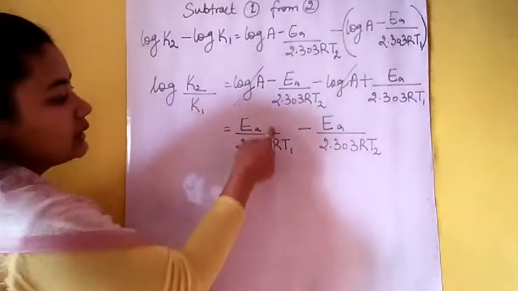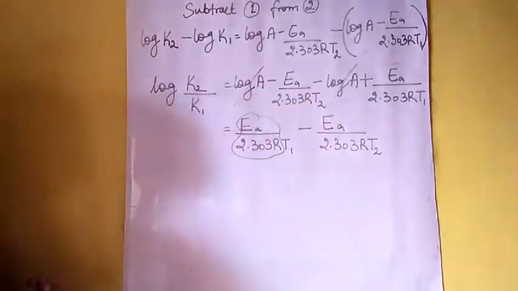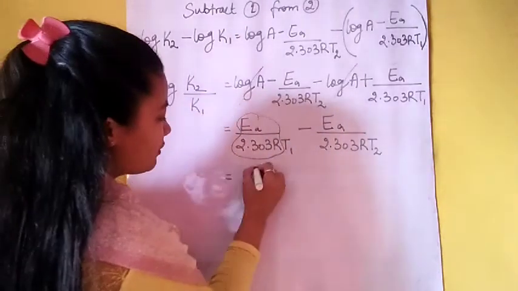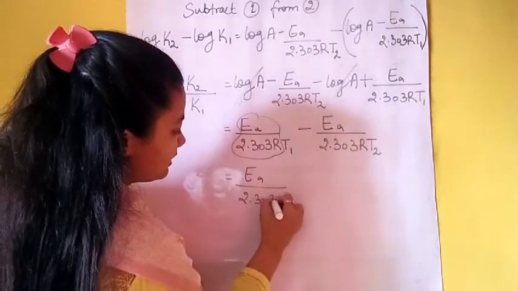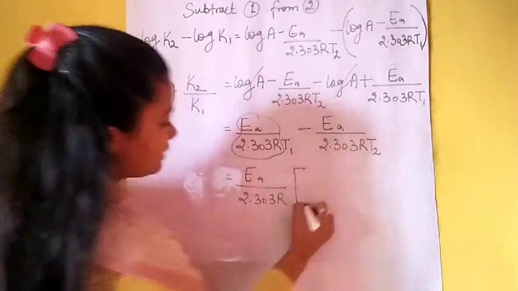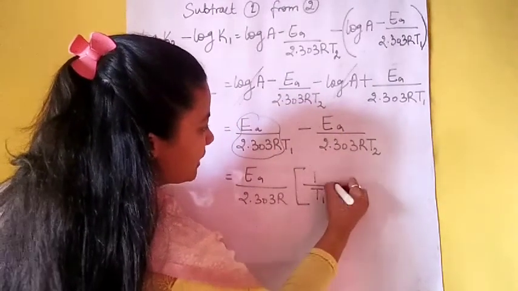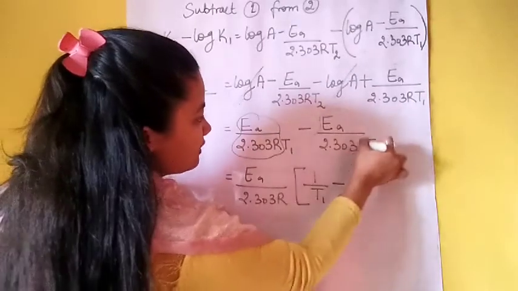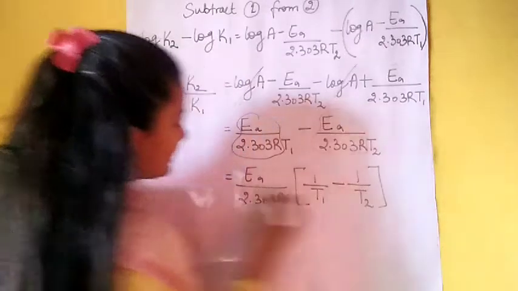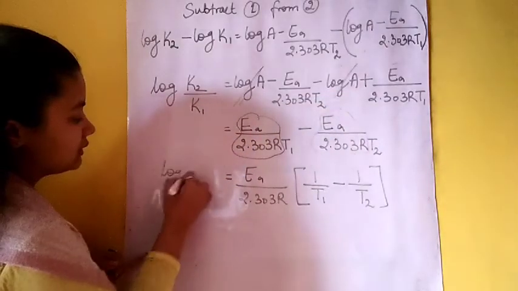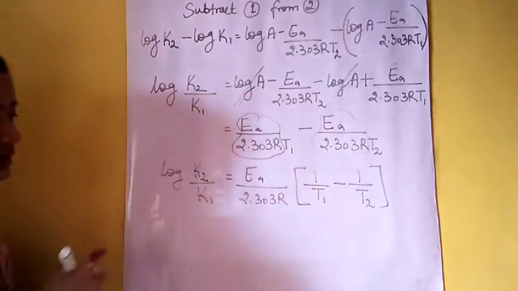Now what we will do is take common this part, EA by 2.303 R. If we take it common, what will be left is 1 upon T1 minus 1 upon T2, and this is equal to log K2 by K1, right?